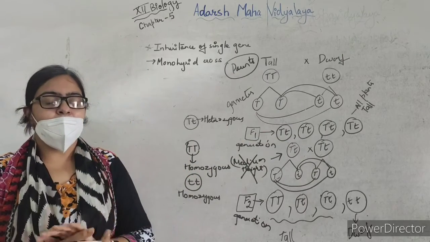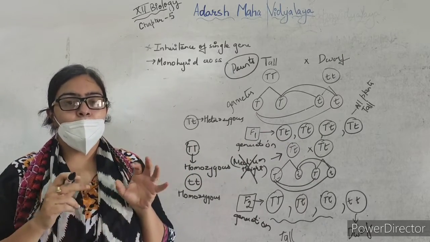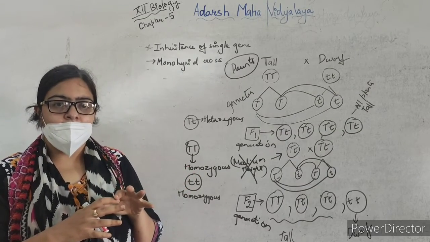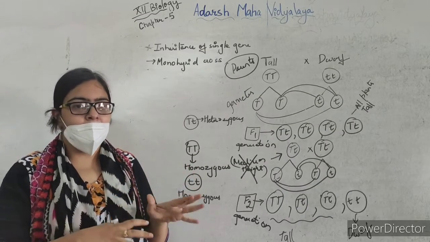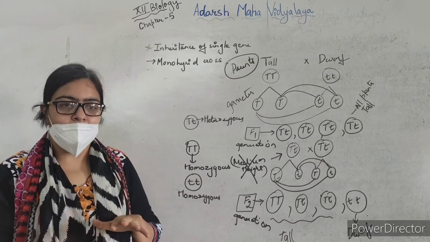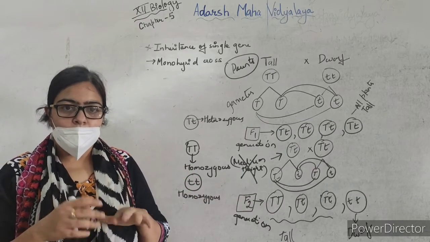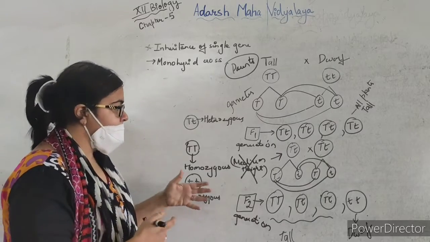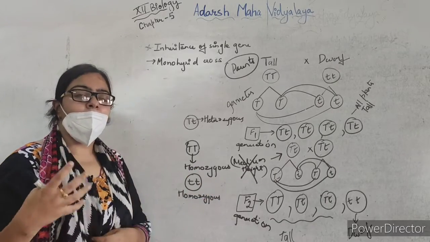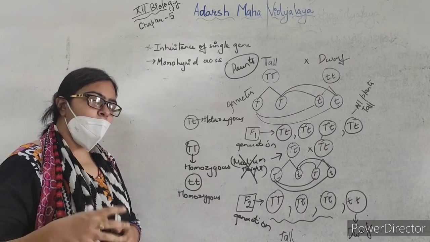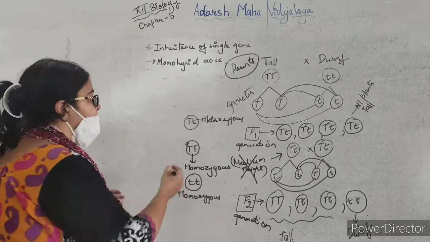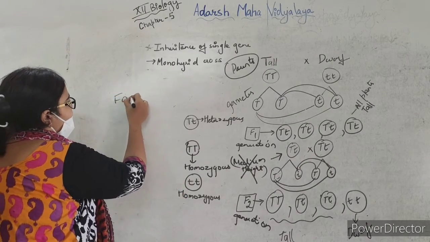Okay, he proposed that something was being stably passed down, unchanged from parent to offspring through the gametes, over successive generations, and he called them factors. He told that something is going on and on in the offspring without changing itself, and he called them factors.